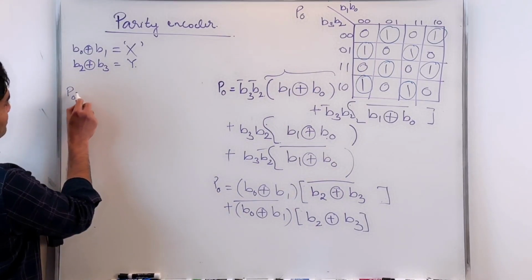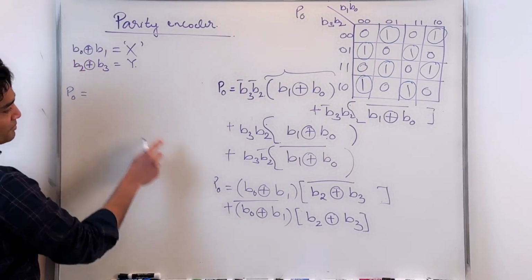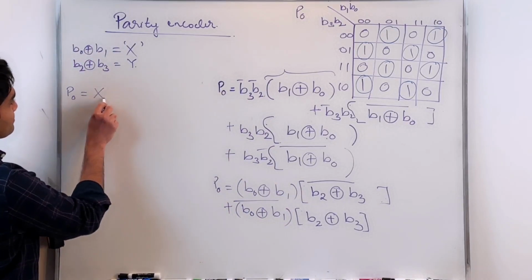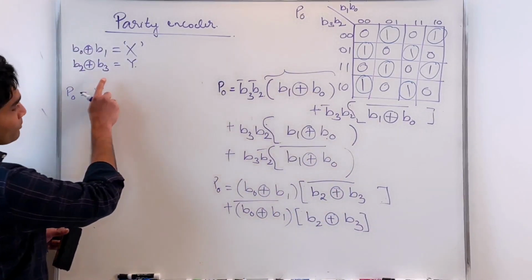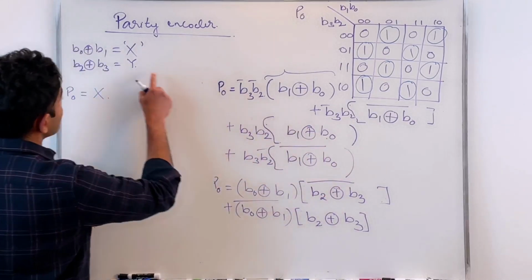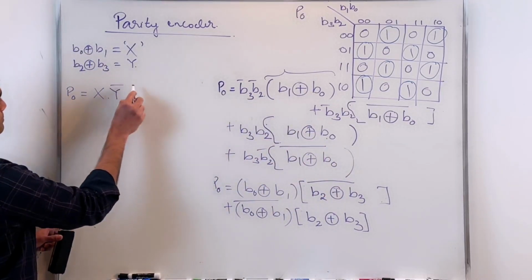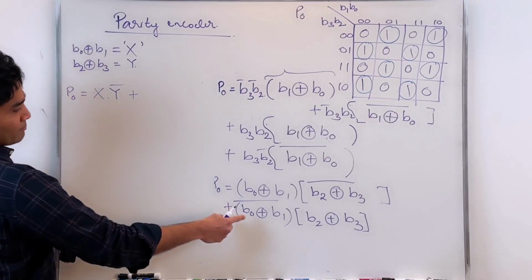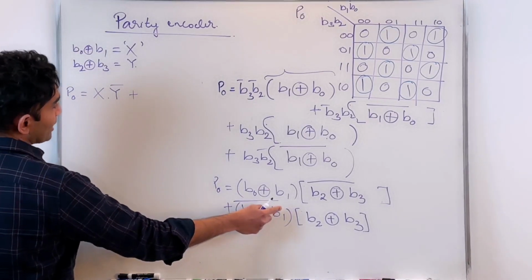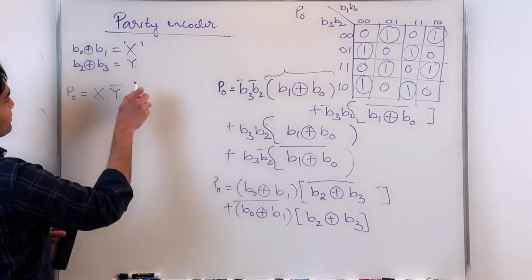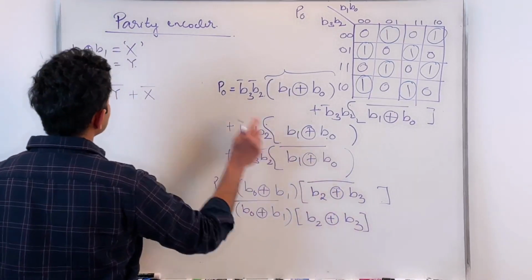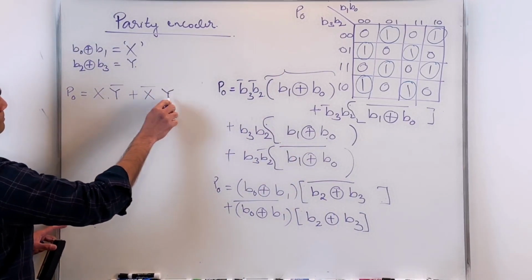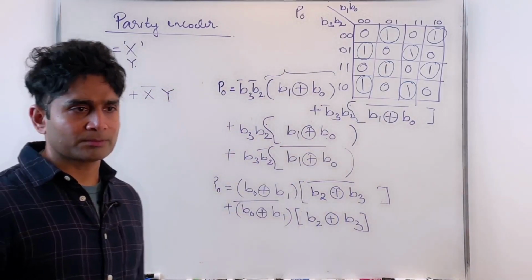My P0 now becomes B0 exclusive OR B1, which is X, times B2 exclusive OR B3 prime, which is Y prime, or B0 exclusive OR B1 prime, which corresponds to X prime, times B2 exclusive OR B3, which is Y. Right.